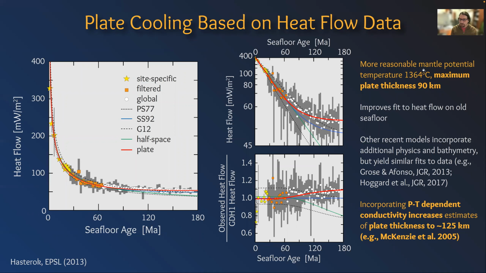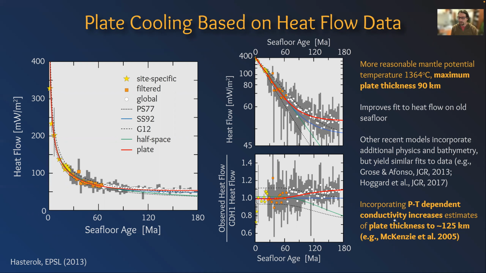Based on these plate cooling models, we can estimate thicknesses of the lithosphere, which do not grow greater than 90 kilometers when we're using fixed thermal property models. If we start using pressure and temperature dependent models, those are ones that involve conductivity that's a function of pressure and temperature, we can then get thickness estimates upwards of 125 kilometers.